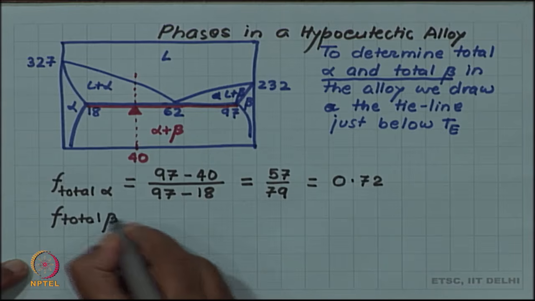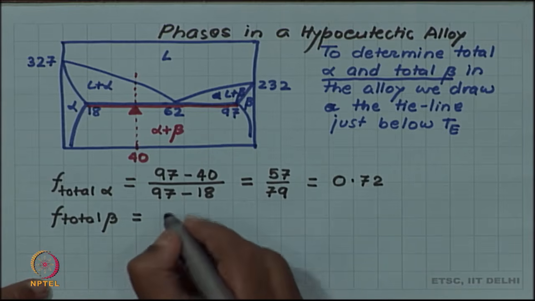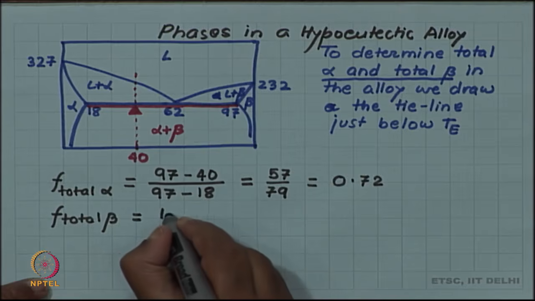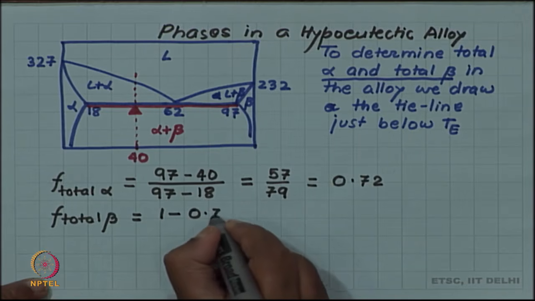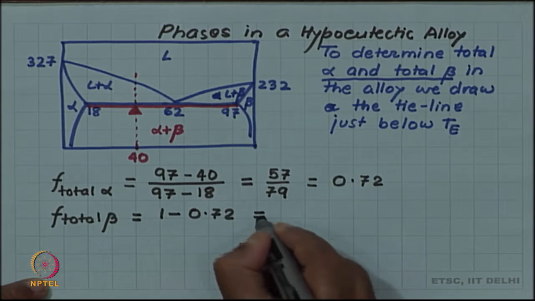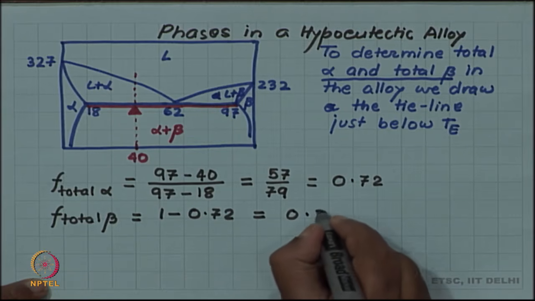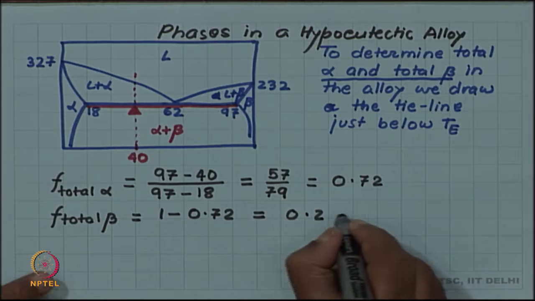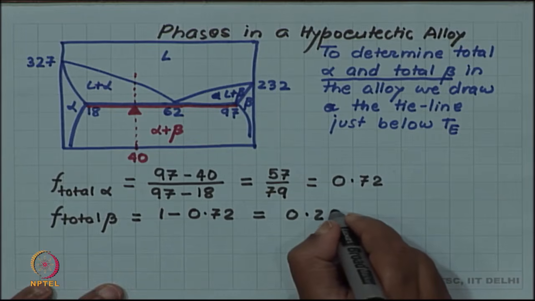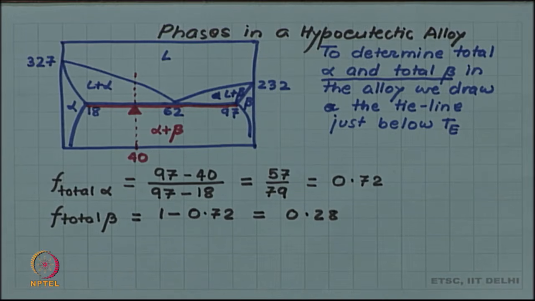Total beta will be 1 minus 0.72, that will be 0.28. So, 28% will be total beta.